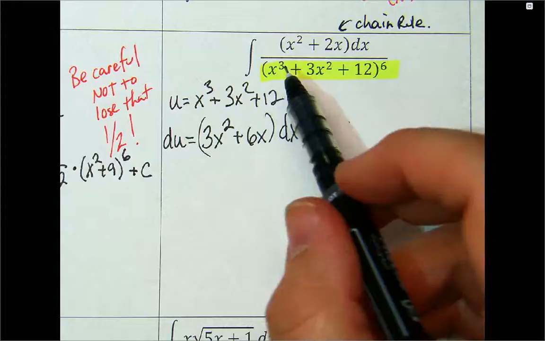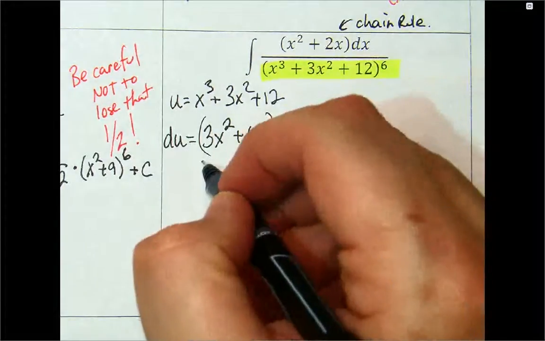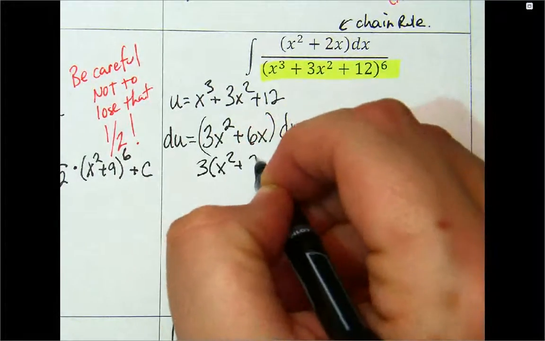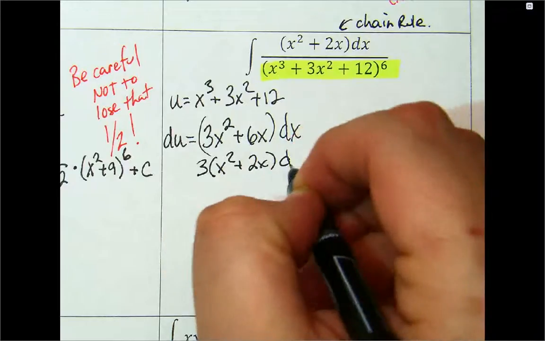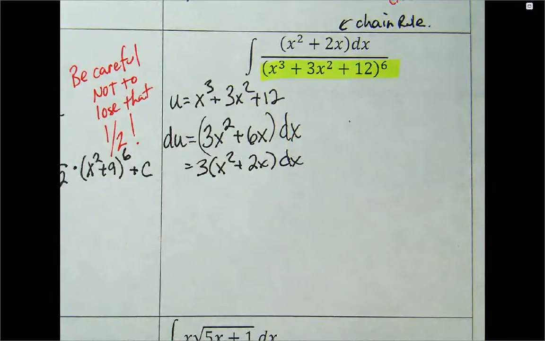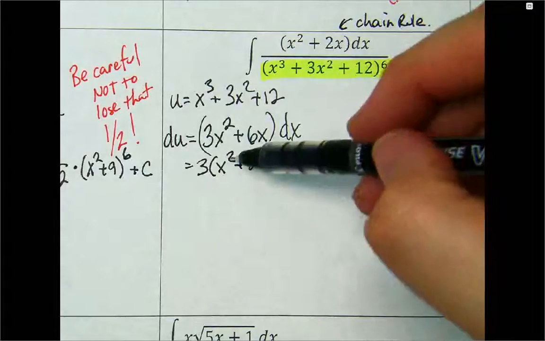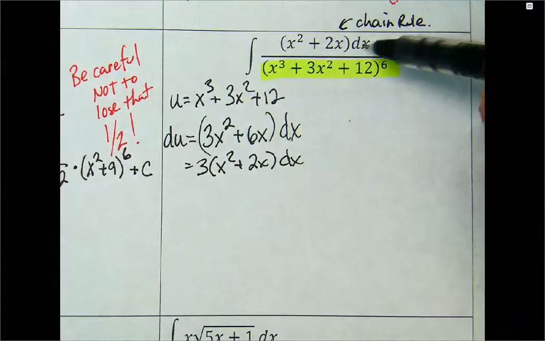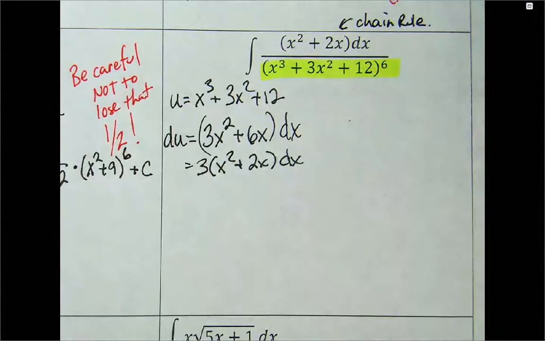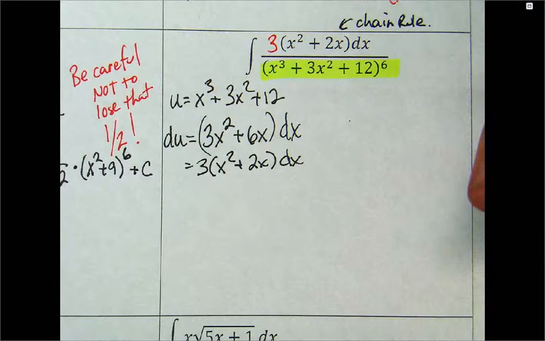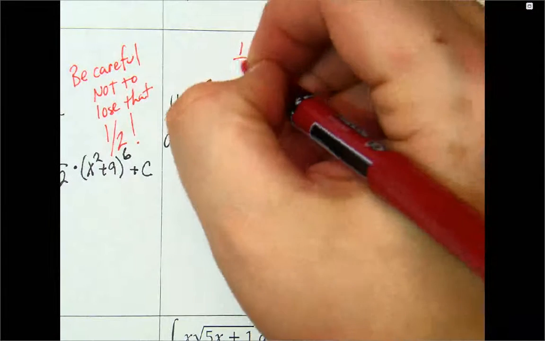And then you get your x squared plus 2x dx. Now, there's my x squared plus 2x, there's my dx. What am I missing? Well, I'm missing a 3 there, and a 1/3 on the outside. Because 1/3 times 3 is 1.